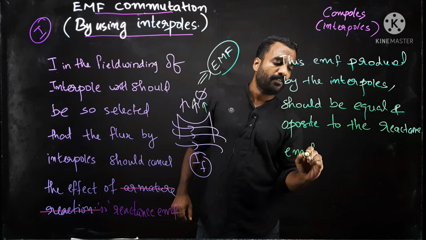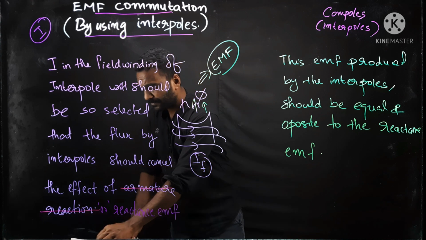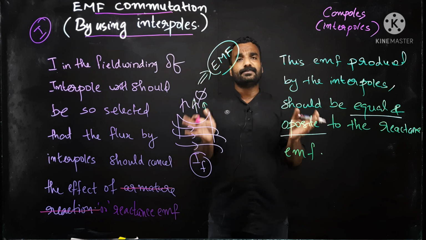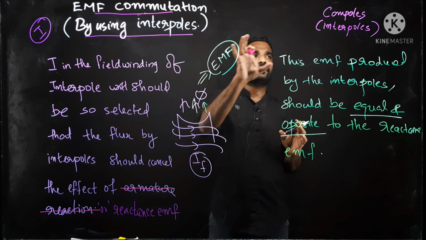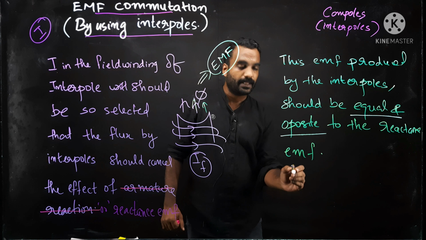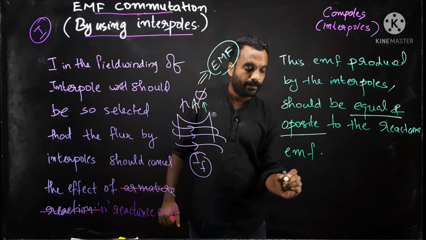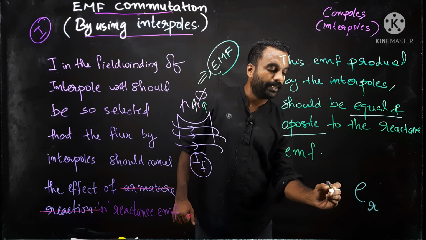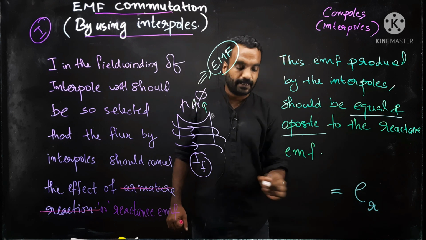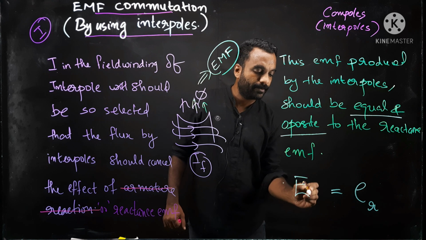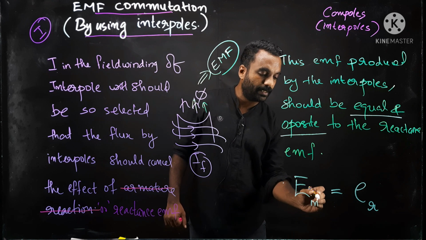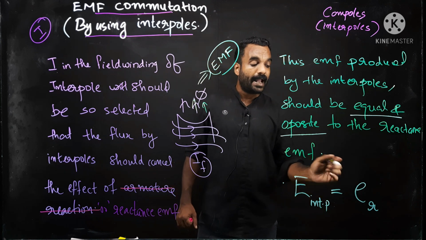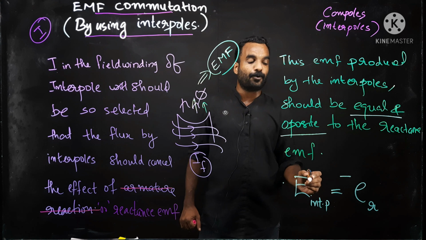Why so? What is the importance of the term equal and opposite? The magnitude of reactance voltage ER should be equal to the EMF produced by interpoles, and its direction should be just opposite.